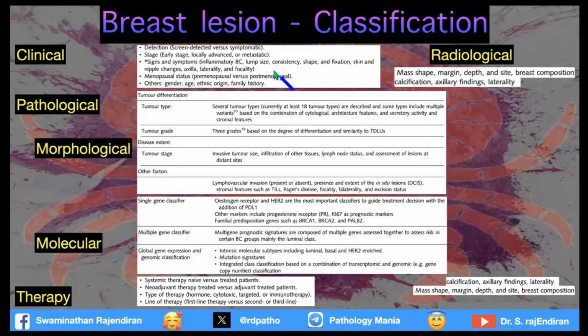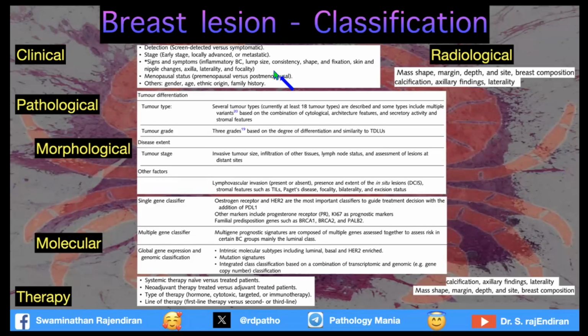Breast lesions can be classified in various ways. For example, clinically, radiologically, pathologically. In pathology, it was previously classified only with morphological features, but now we have molecular features. And more importantly, now therapeutic classification is very, very important.